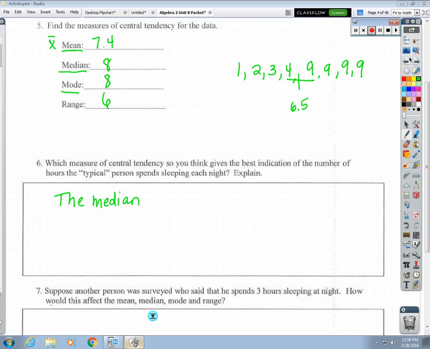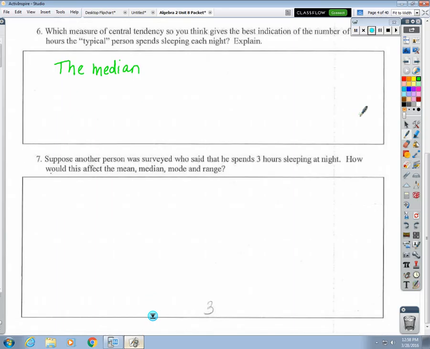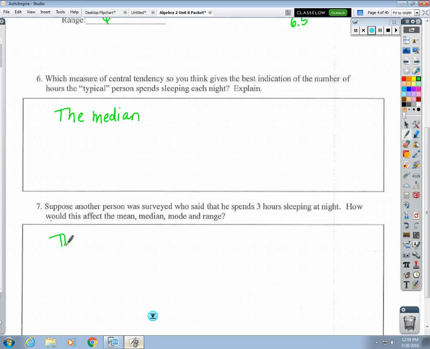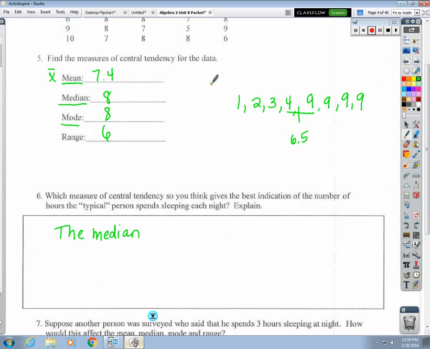Okay. Number 7, suppose another person was surveyed who said that he spends 3 hours sleeping at night. How would this affect the mean, median, mode, and range? Okay, well, if you put in another data item and it's a 3, what's that going to do to the mean? The mean will what? Decrease. Okay, look, you don't have to do this on the calculator. I'll just show you. Our current mean was 7.4.